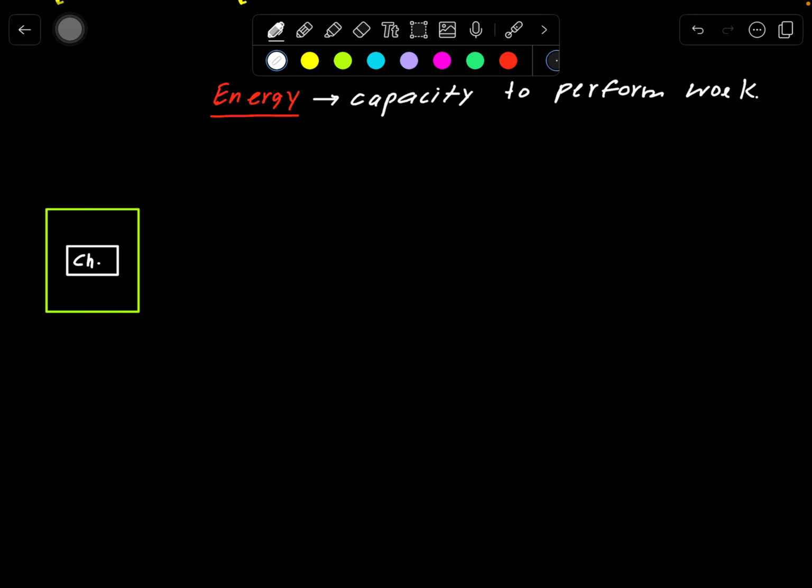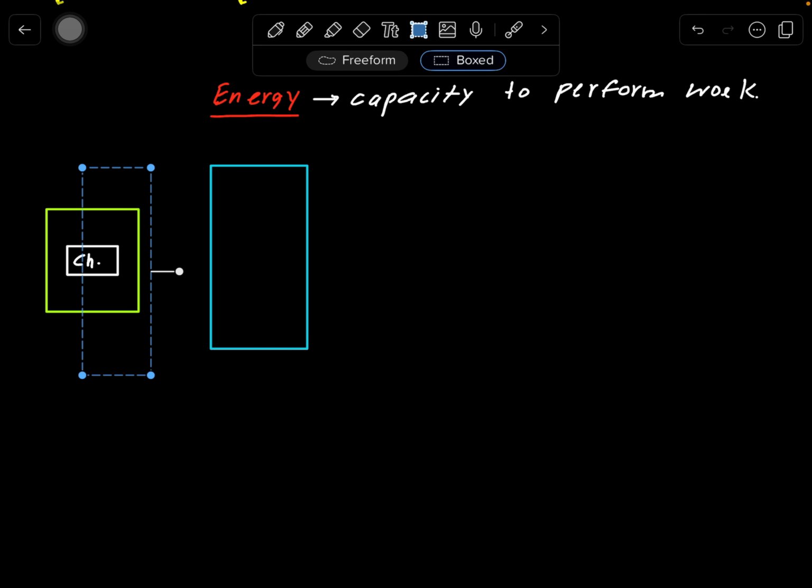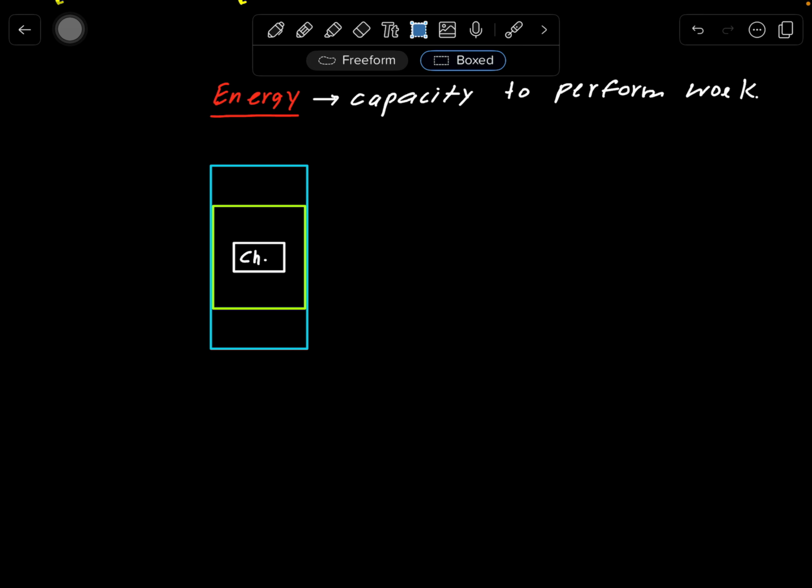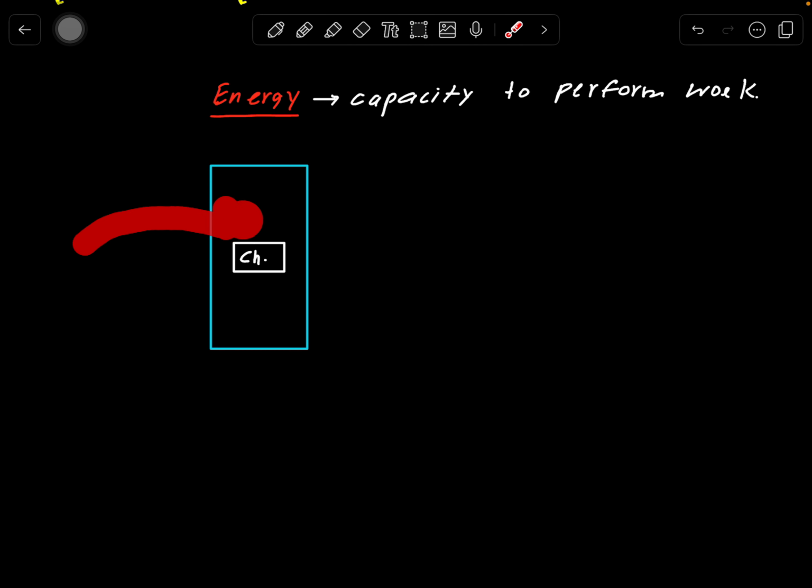Now, when a human consumes the plant or an animal consumes a plant, that energy is transferred to a human. Okay? So that store is transferred from the plant to the human because the human consumed the plant. See? So that is a transfer of your chemical energy store.